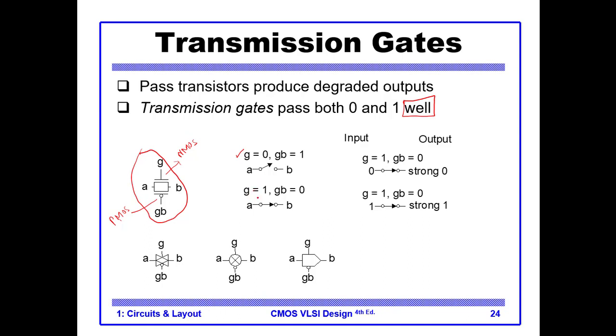Okay, what happens when G is 1 and GB is 0? When G is 1, the NMOS is closed.